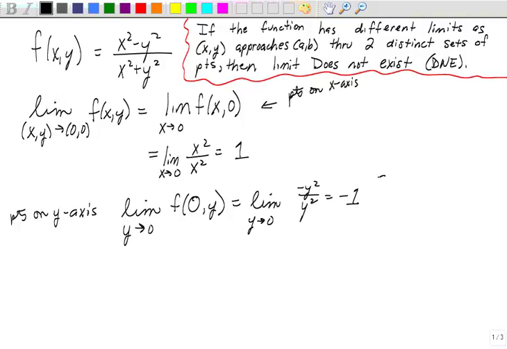And these are different, so the limit does not exist. No matter how you approach it, it has to be the same limit.